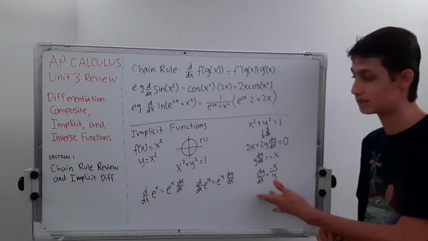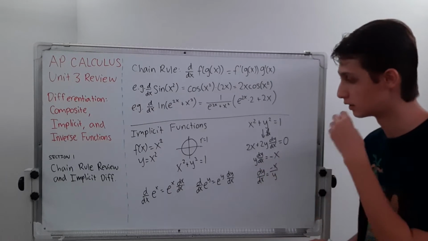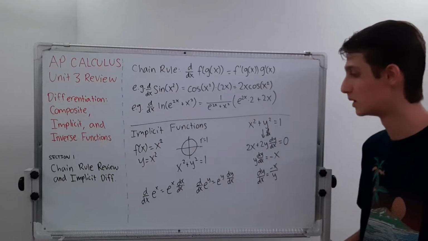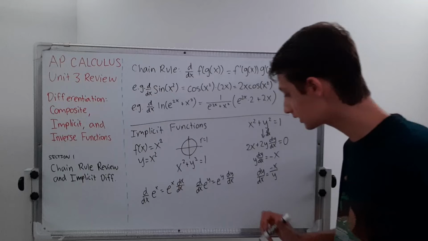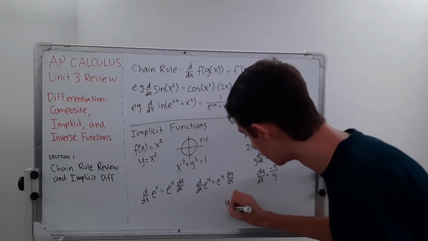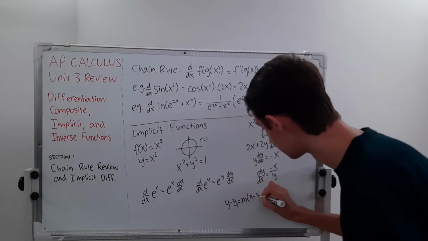And if you want to find the tangent line, I actually never mentioned this, but you can find the tangent line of a derivative. That's probably going to show up on the AP exam. For a tangent line, you know that it's just y minus y1 equals the slope times x minus x1.